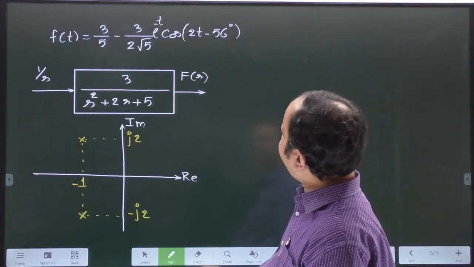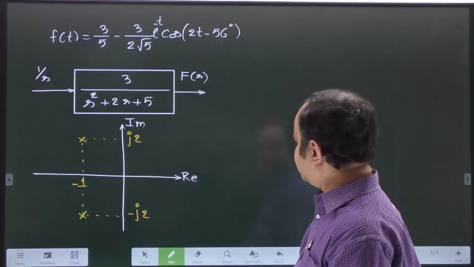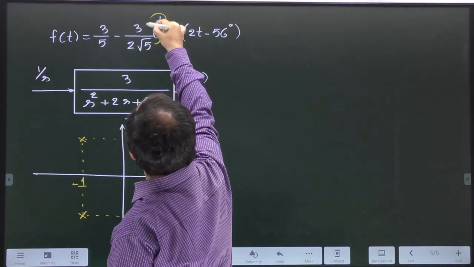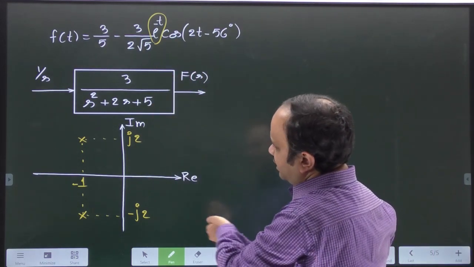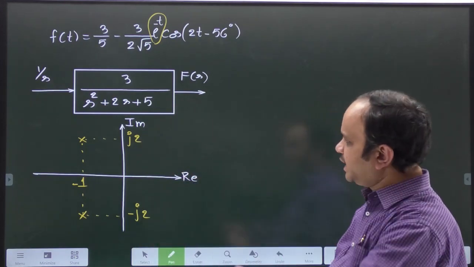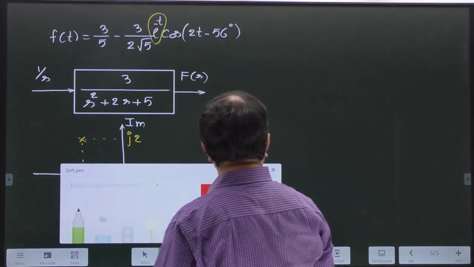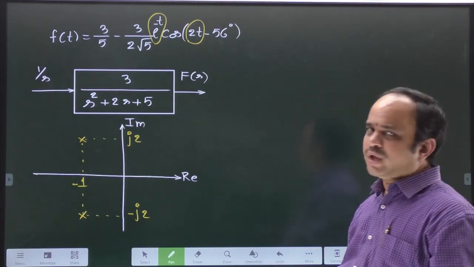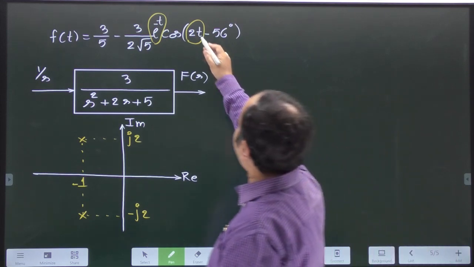Now if you observe carefully, in this time response there are two terms. One is the exponentially decaying term, e power minus t. That exponential decay is the same as the real part of the pole, and it has certain frequency, certain oscillations. The frequency of those oscillations is given by 2 radian per second.